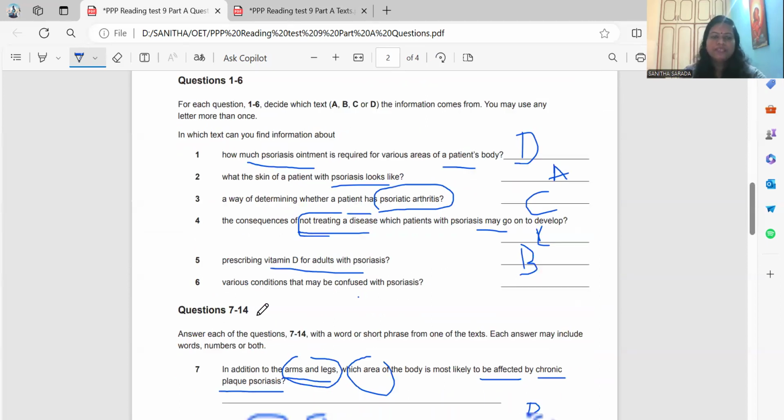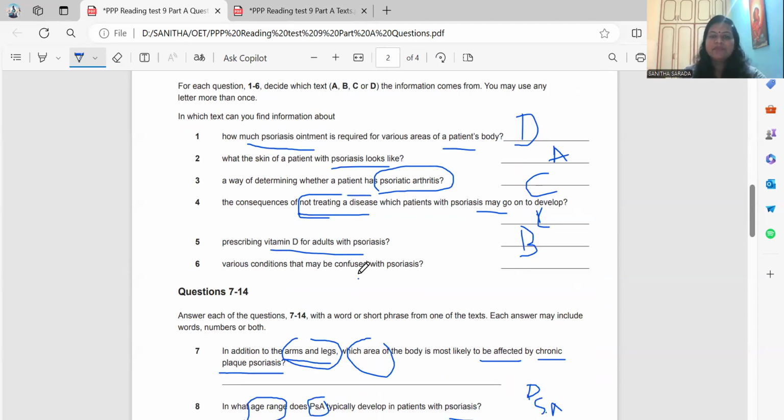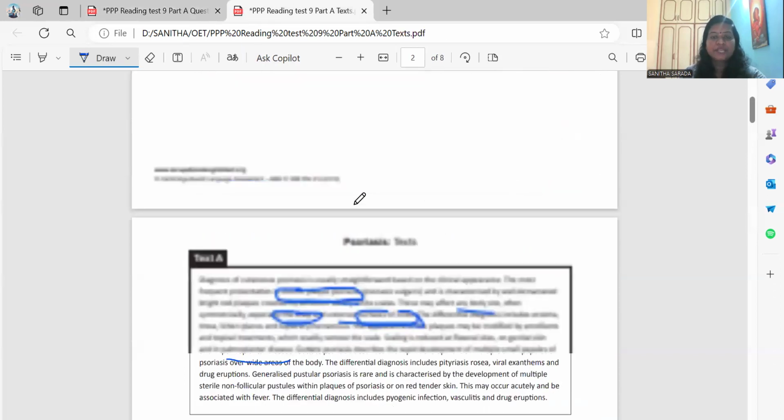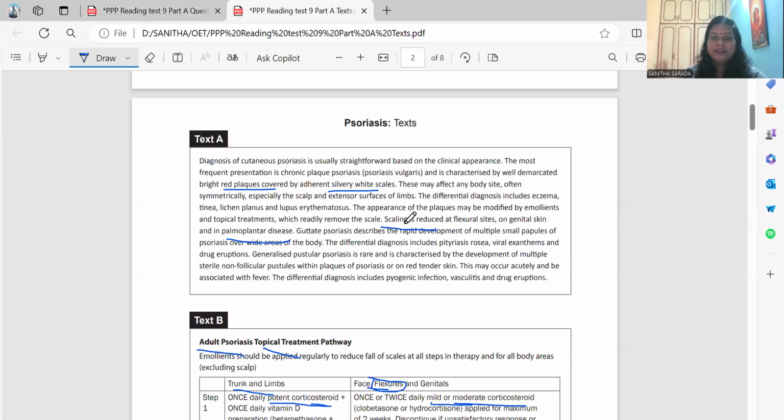Okay. So, various conditions that may be confused with psoriasis. It is in the part A section. The differential diagnosis includes eczema, tinea, lichen planus, and lupus erythematosus. The appearance of the plaque may be modified by emollients and opportunistic scaling.